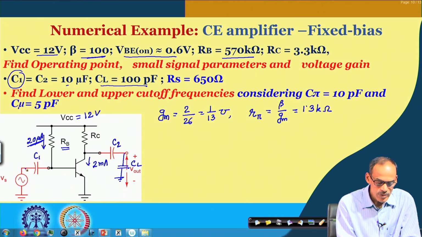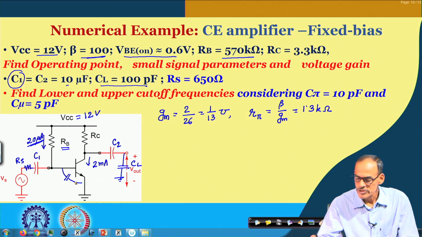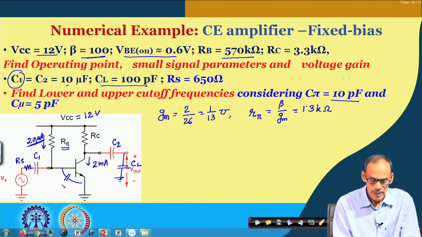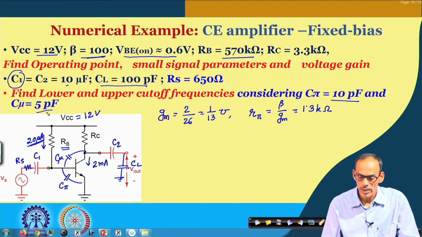In addition to that, we are assuming that we have a source resistance Rs to see the effect of this C pi and C mu. So, C pi is given as 10 picofarad, and then we have C mu, which is given as 5 picofarad. And of course, the RC is given here.